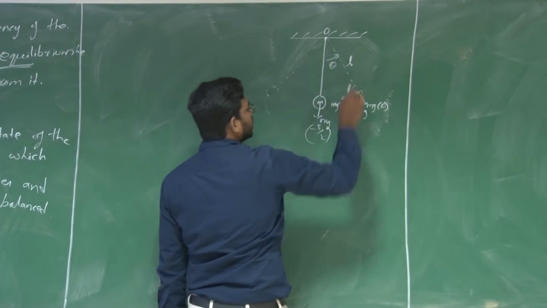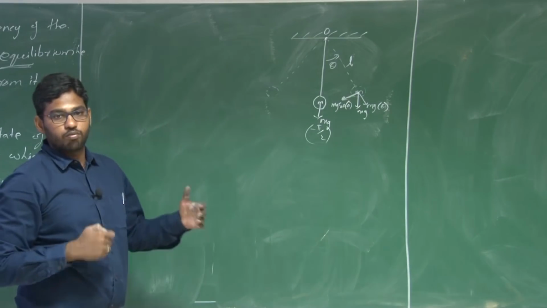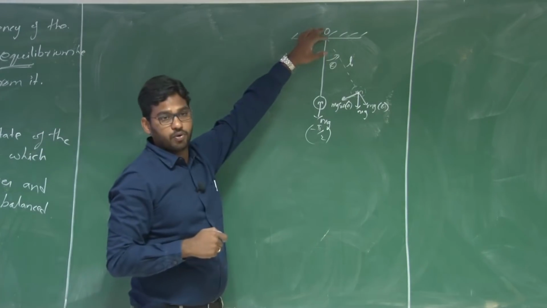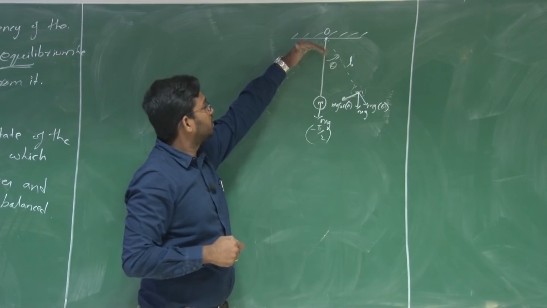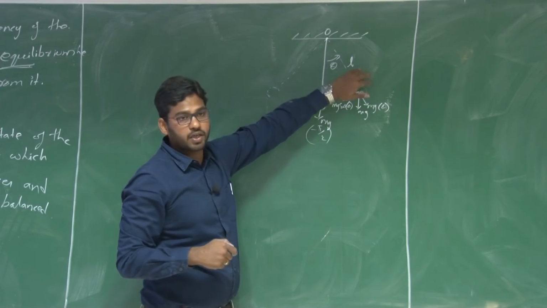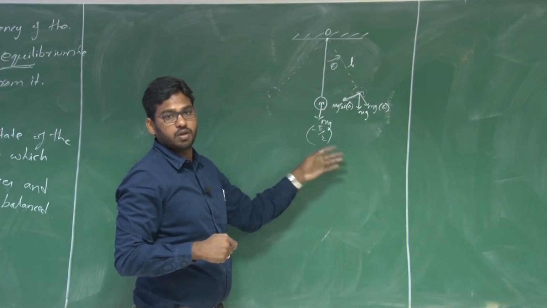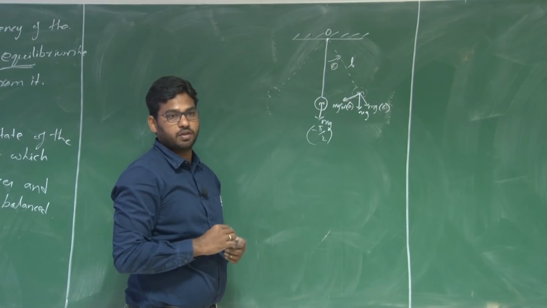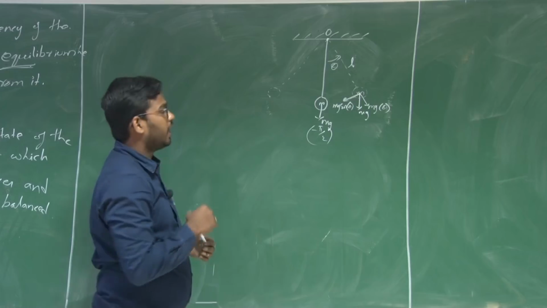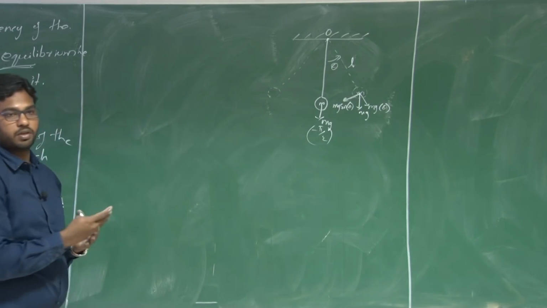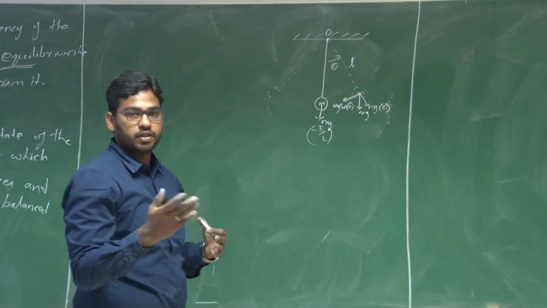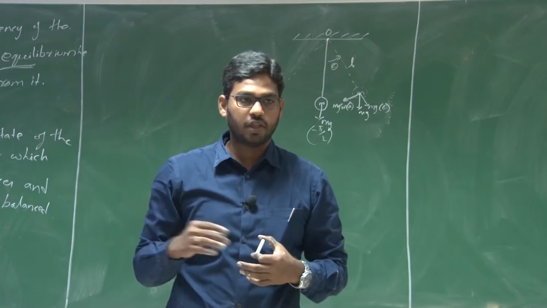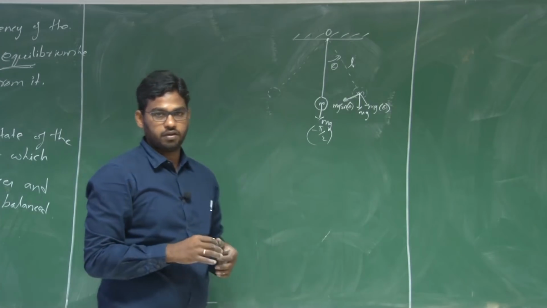This is mg sin theta into L, a moment that is created about this hinge point. That means there is a moment that is restoring its equilibrium. That moment is known as restoring moment. In order to have this equilibrium stable, if a system has to be stable, then there should be a restoring moment.